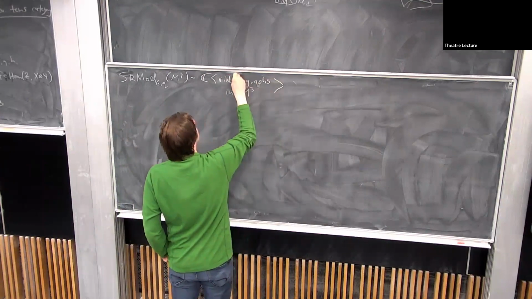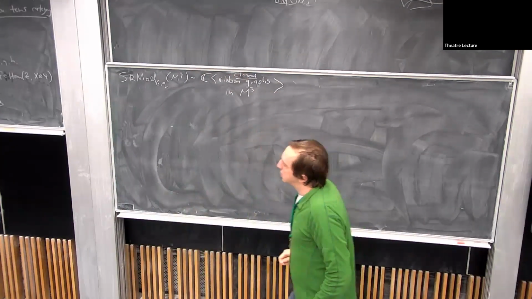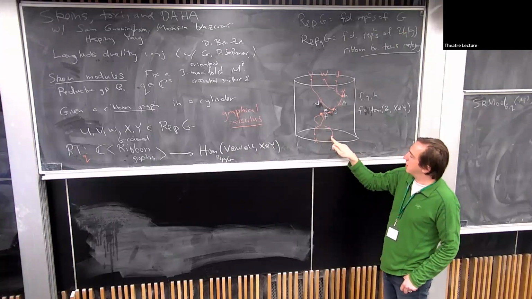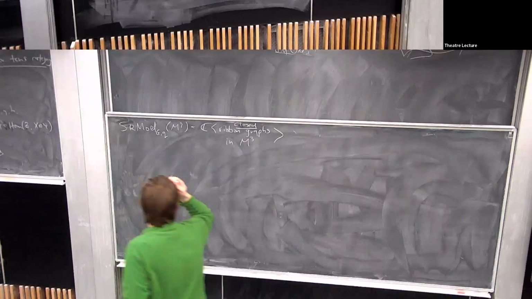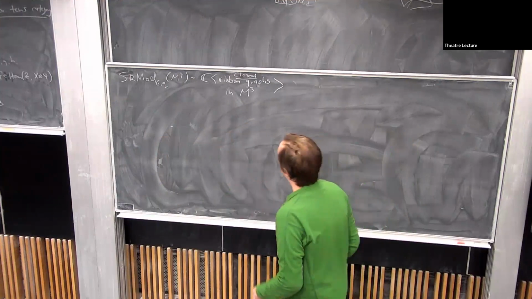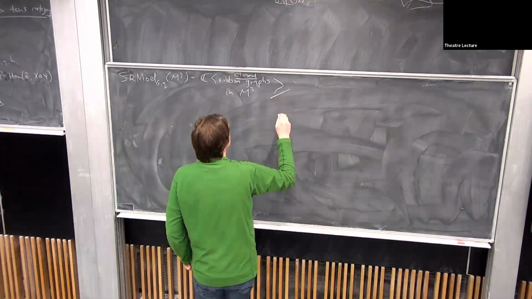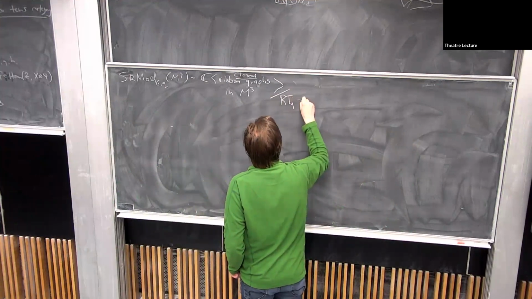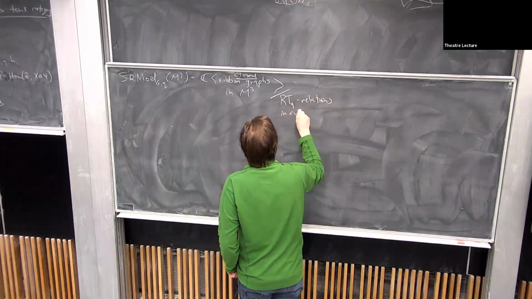And let me emphasize closed ribbon graphs. So this three manifold had a boundary, and we allowed that the things could end at the boundary. And for a general three manifold, we're not going to allow that, so they have to close back up on themselves. And then we quotient by the relations in every cylinder.